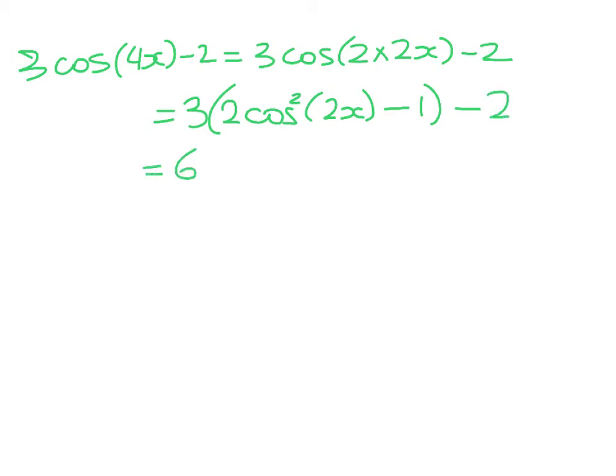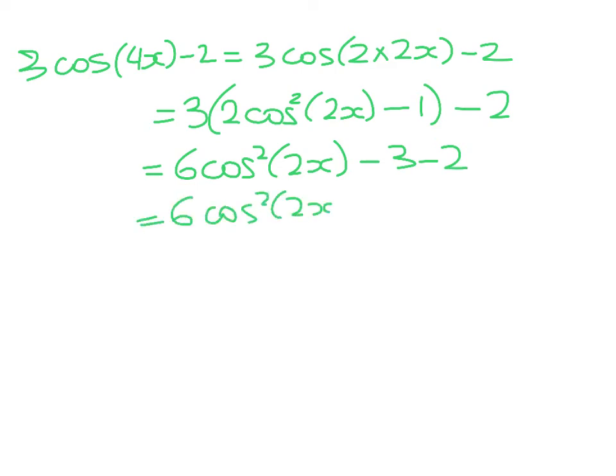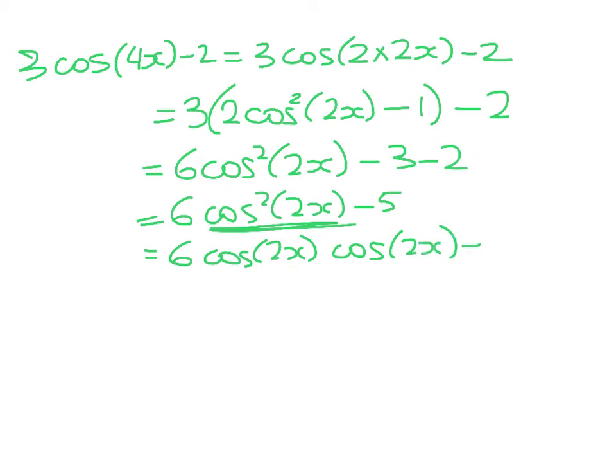That gives me 6 cos squared of 2x minus 3 minus 2, which is going to give me 6 cos squared of 2x minus 5. Right, now we can break this out into 6 cos of 2x times cos of 2x minus 5.